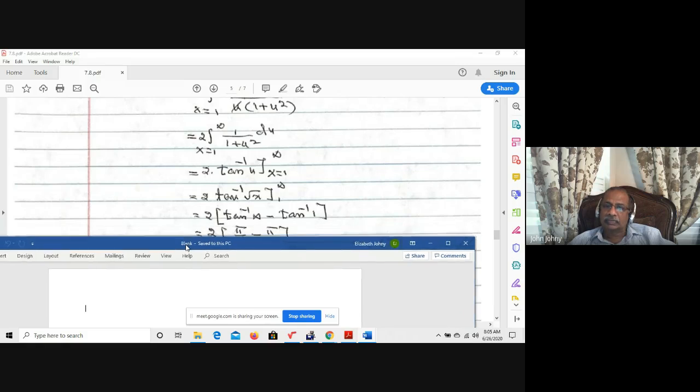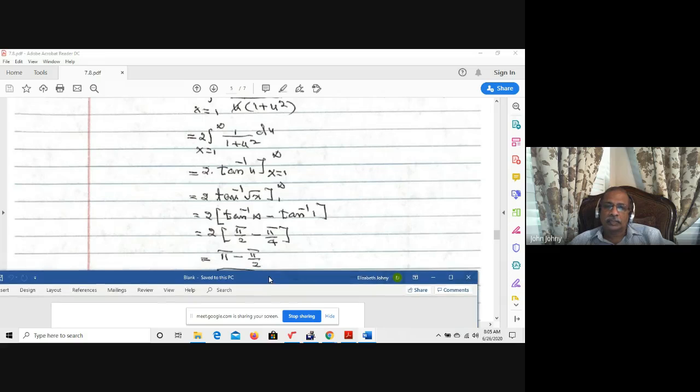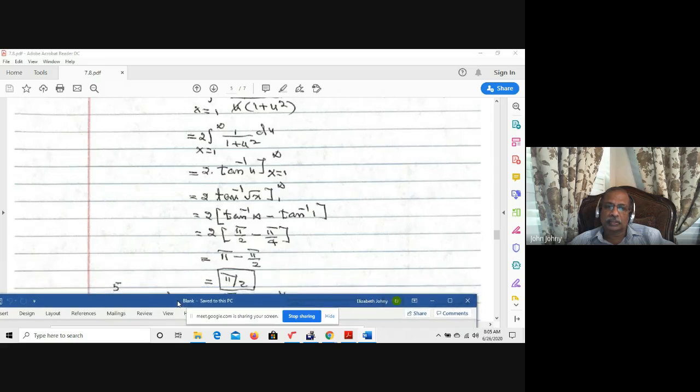Tan inverse infinity is pi over 2, and tan inverse 1 is pi over 4. So that is 2 times (pi over 2 minus pi over 4). Distribute the 2: pi minus pi over 2, which is pi over 2.